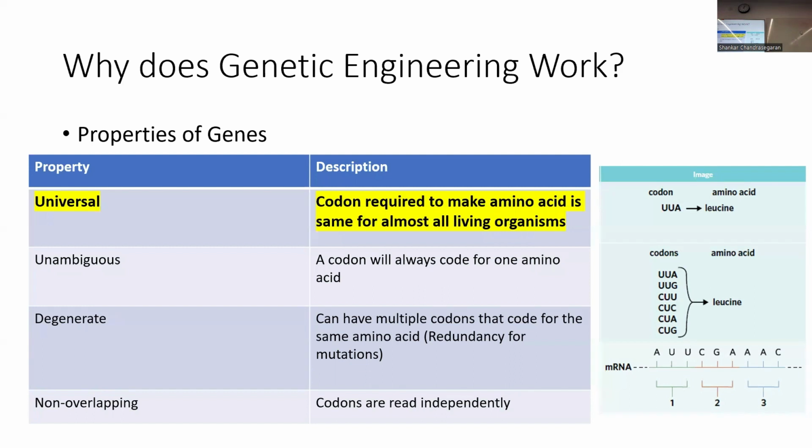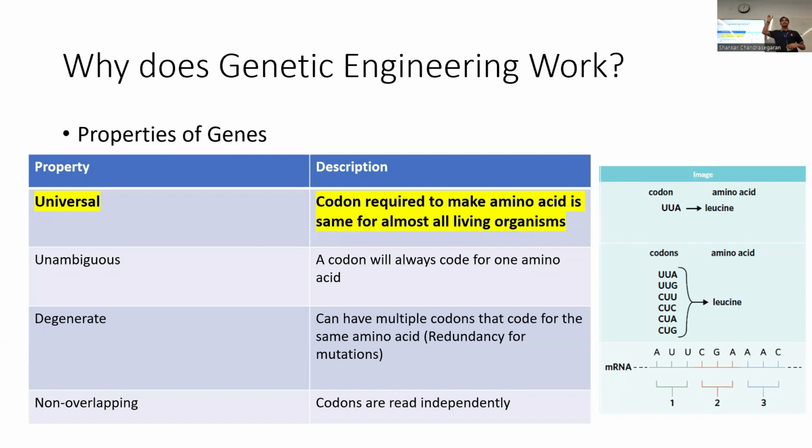The main reason why this could even be viable is because genes are universal, meaning that the codons required to make an amino acid are the same for almost all living things. So remember that table that I showed you guys of the codons and the amino acids they make? That is universal for almost all living things.